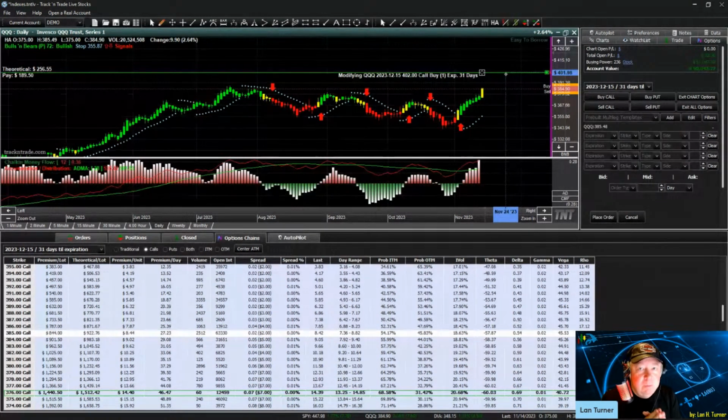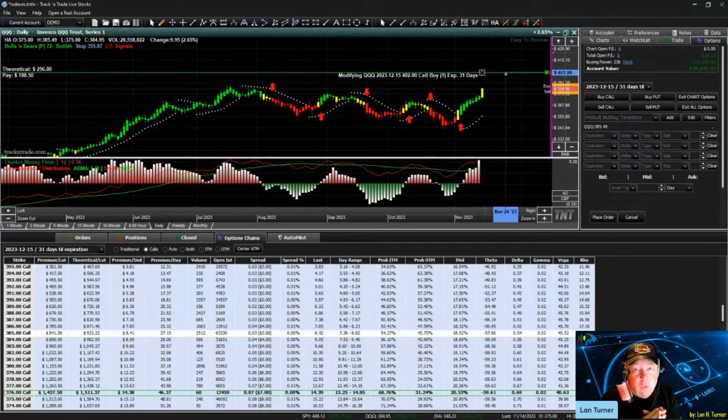But for the most part, we don't exercise our right to buy the underlying stock. So the fact that I buy an option with the right to buy the underlying stock at $400, even though it's trading at $384, does not mean I expect to actually take possession of the stock at $400. Now, if it goes up there, I certainly could if I wanted to.